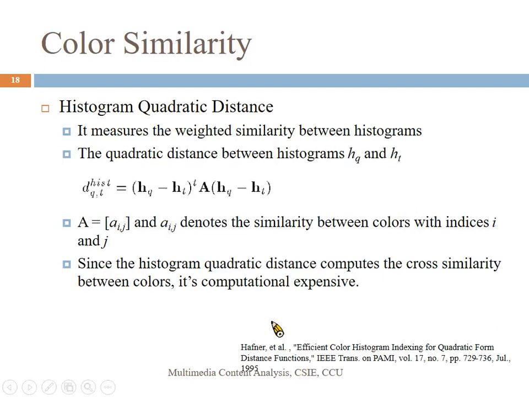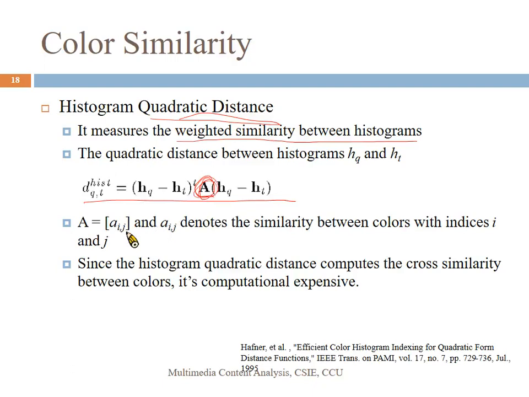Some technology has been proposed to handle this problem. That's called the quadratic distance. It measures the weighted similarity between histograms. The formulation is like this. If we just ignore the matrix A here, HQ minus HT transpose times HQ minus HT is exactly the same as the Minkowski metric. But right now, we multiply a matrix A here.